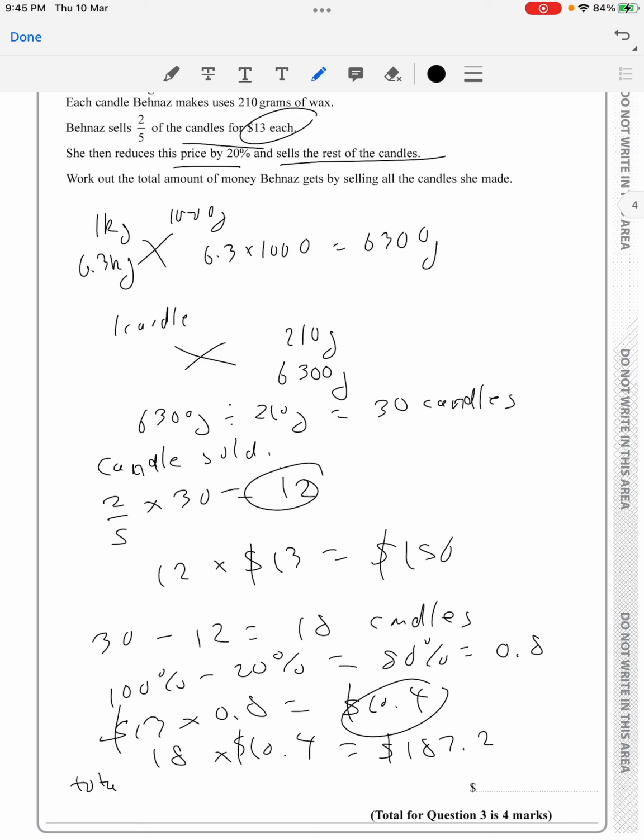So the total amount of money she makes from selling the 2/5 of the candles is $156, plus the remaining candles she sells with the price reduction of 20%. You add them up and you should get an approximate answer of $343.2. If we check the marking scheme, it is correct.